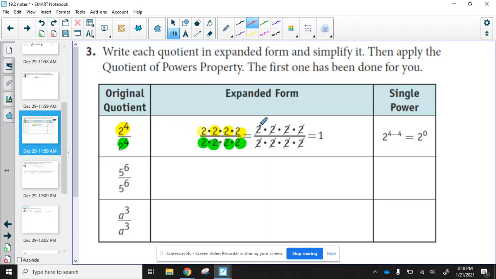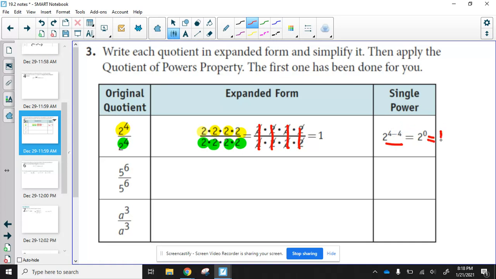Simplification process like they showed, we can cross out 2's where they're both on the numerator and denominator, and that is equal to 1. But now if we go back to doing the way of subtraction with our division of exponents, we can see that 2 is a like base, we leave that, and then it is 4 minus 4, and that is why we get 2 to the 0 power.